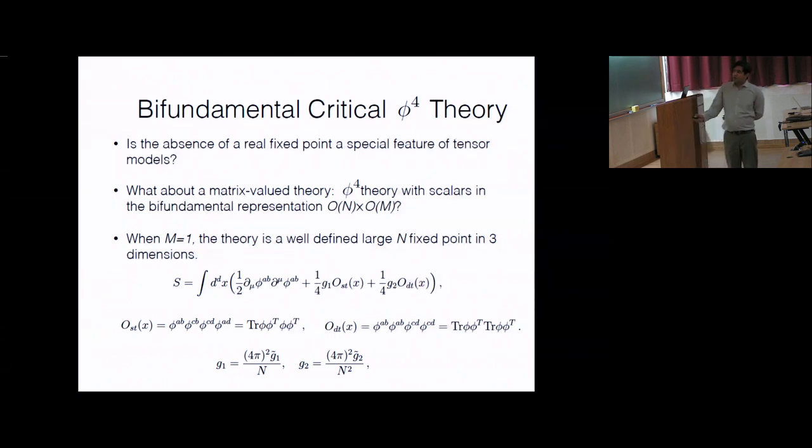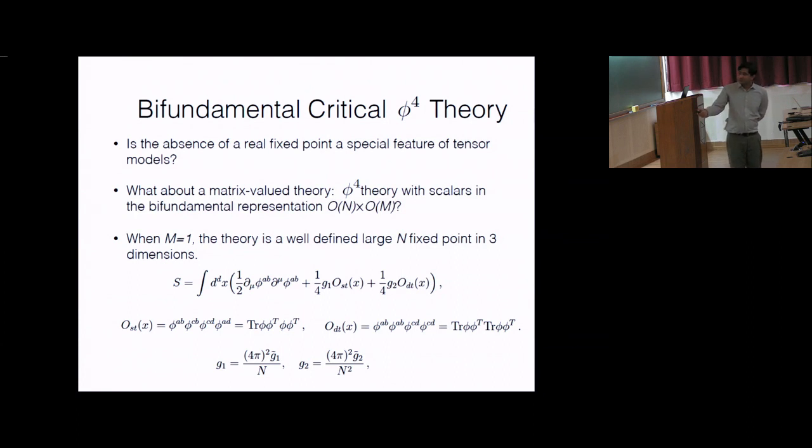When m equals 1, this is a vector model, and we know it has a well-defined large N fixed point in 3 dimensions, or even at finite N. But let's study its renormalization in general, and the expressions by Mack and Osborne from the 90s allow you to get the results. Klebanov, Osborne and Sezgin, in fact, studied this some time ago. But I'll tell you what the results are.